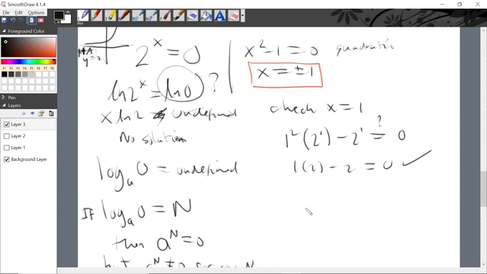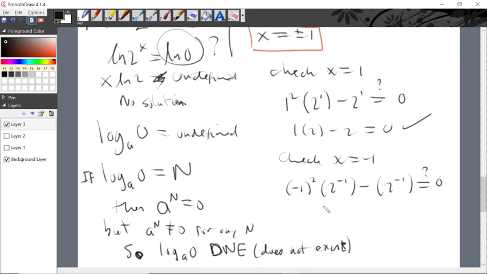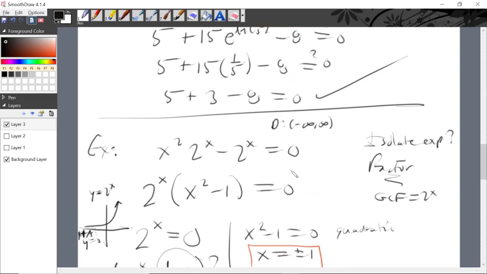What about x equals negative 1? In the original equation, that would be negative 1 squared times 2 to the negative 1 minus 2 to the negative 1. Does that equal 0? Well, that's 1 times 2 to the negative 1, which is 1/2. 1/2 minus 1/2 does equal 0, so that's true. So both x equals 1 and x equals negative 1 work in the equation here.